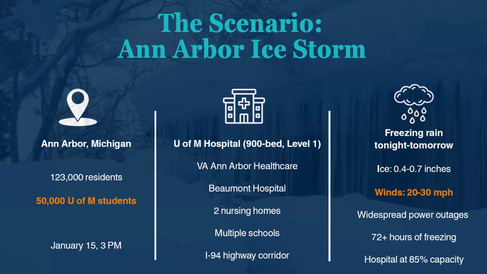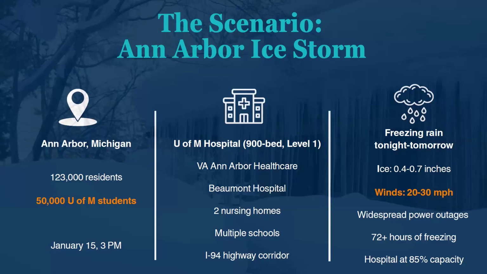Key assets: University of Michigan Hospital, a 900-bed medical center with a level 1 trauma center, VA Ann Arbor healthcare system, and other hospitals. Multiple adjunct care clinics, 2 nursing homes, numerous schools, and university facilities. Major highway I-94 runs through the area.